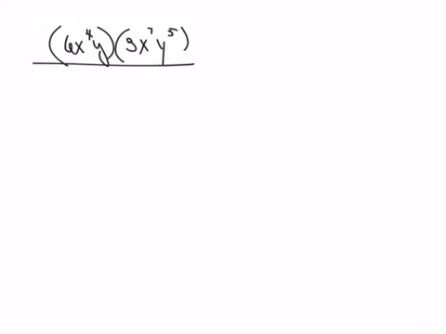We have 6x to the 4th y times 3x to the 7th y to the 5th, in parentheses, over, what do we have underneath there? 9x to the 5th y squared.